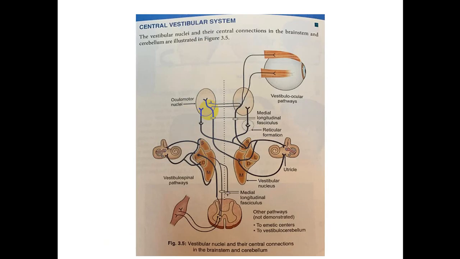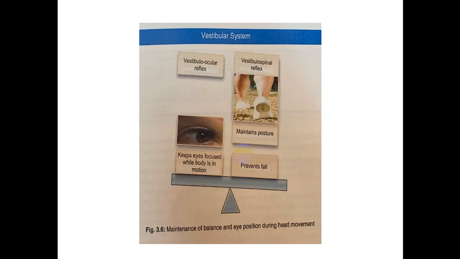The central vestibular system consists of the vestibular nuclei within the brainstem and their central connections within the brainstem and cerebellum. What are the functions of the vestibular system?